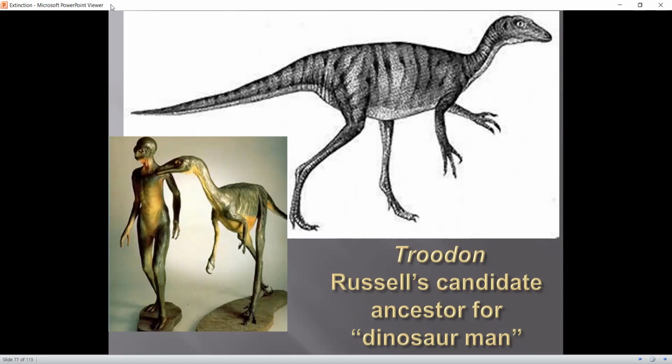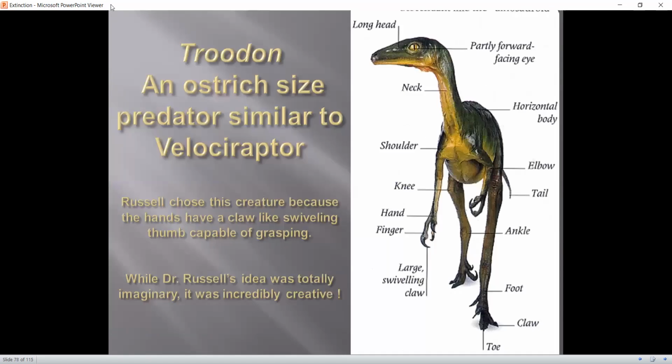When you walk inside the museum, you can see a mock-up of Troodon and also Dinosaur Man. Troodon has on its limb something like a thumb. It's opposed, actually like a thumb, and it can manipulate with this thing. As I said, it's about the size of a Velociraptor, if you saw Jurassic Park. It was imaginary, but extremely creative, incredibly creative.